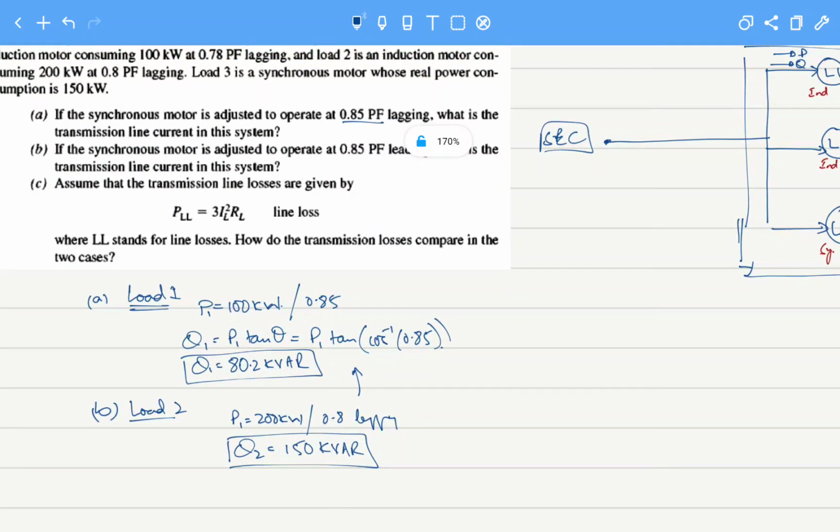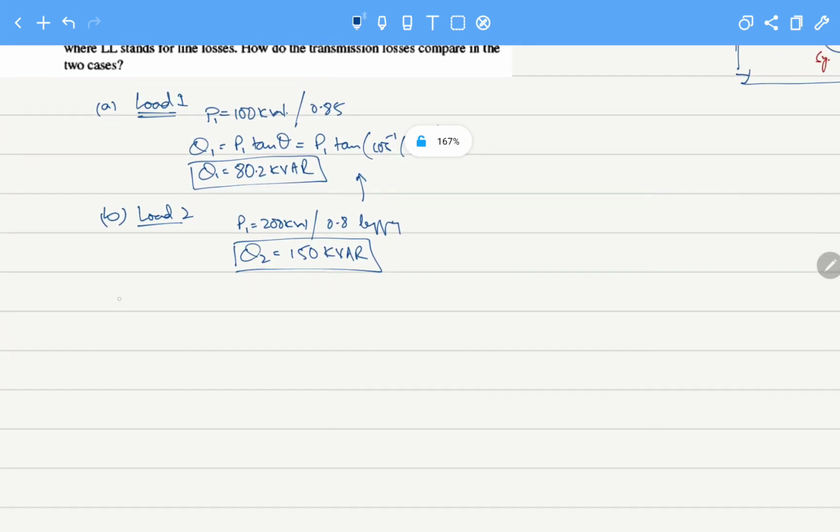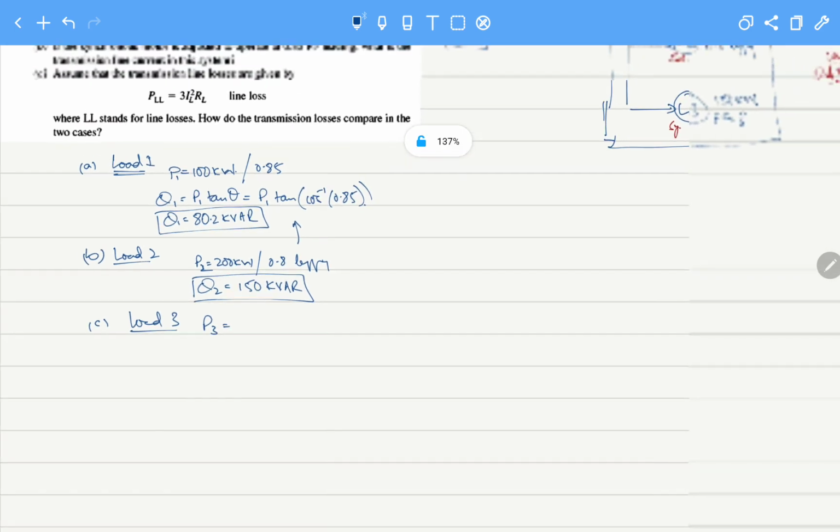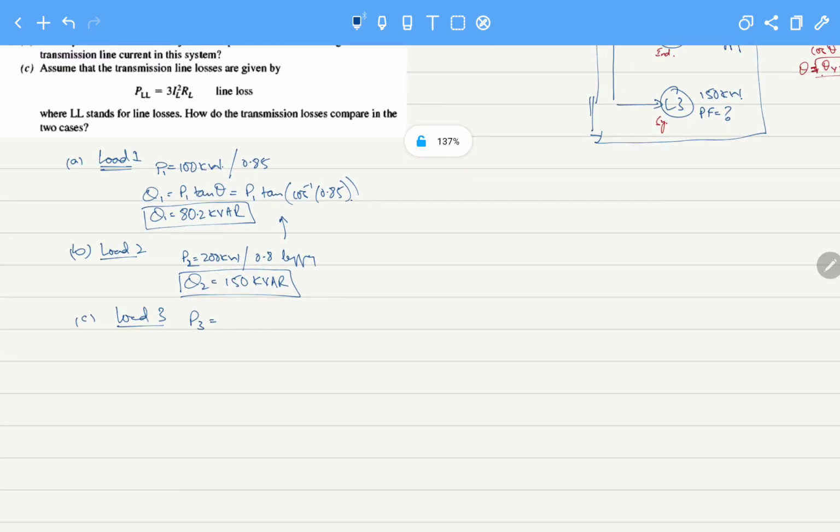Now this is important. Our synchronous motor is also acting with a power factor. For load 3, the real power that our load is consuming is P3 equals 150 kilowatts, and in this scenario our motor is acting at 0.85 lagging.